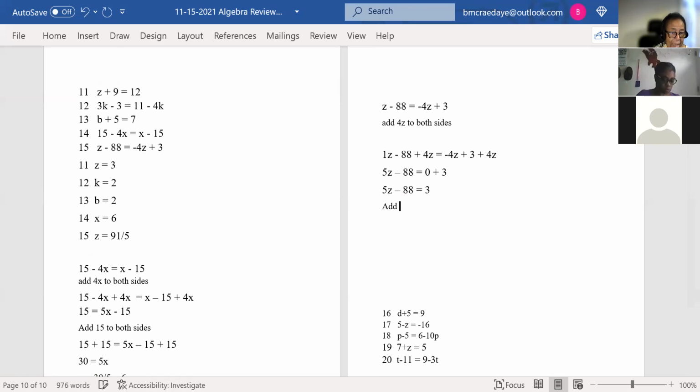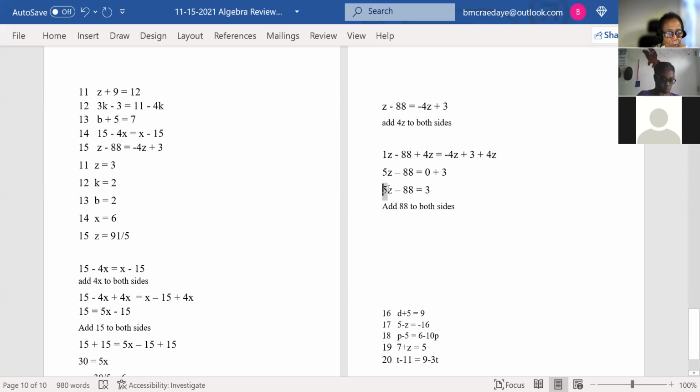So I will add 88 to both sides. Remember, the pairs are addition and subtraction, and then multiplication and division. Remember, I gave you those rules.